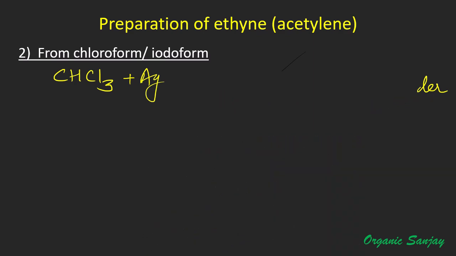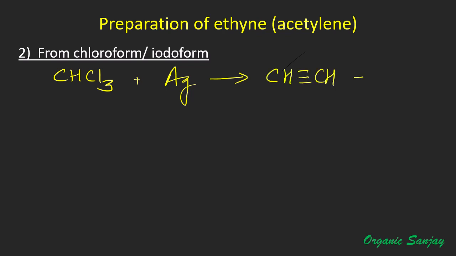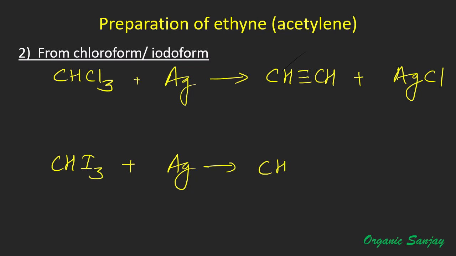We can write it this way: CHCl3, chloroform, and silver powder, Ag, when heated give ethyne, CH triple bond CH, and as a byproduct we will obtain AgCl. Similarly, from iodoform we can write CHI3 plus Ag, and you will get CH triple bond CH and AgI. In this way we can obtain ethyne from chloroform or from iodoform.